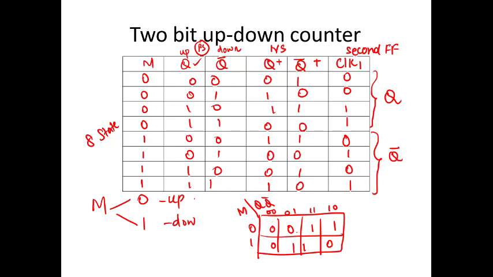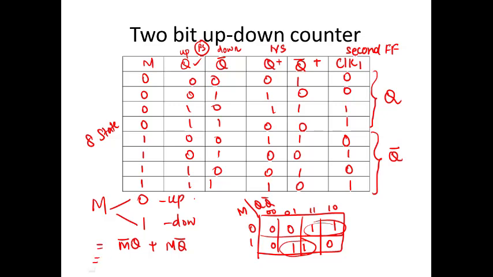If I group this, I make a combination like this. That is nothing but M bar into Q plus M into Q bar.